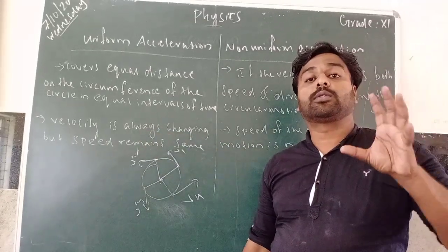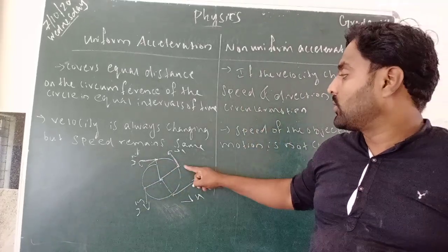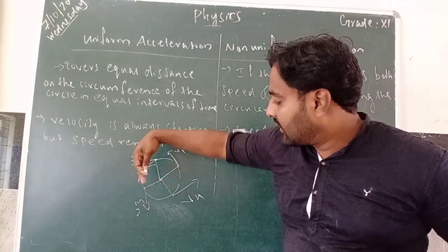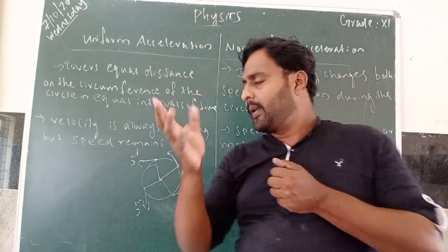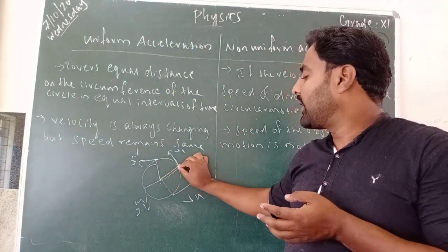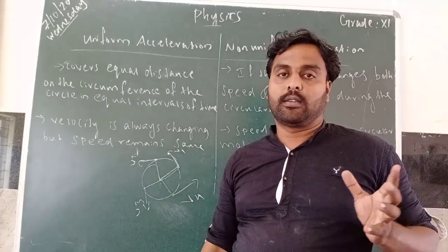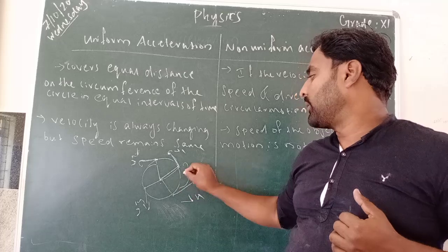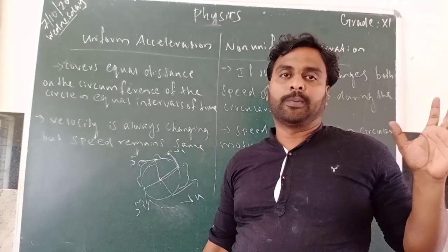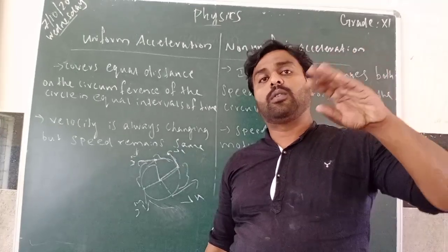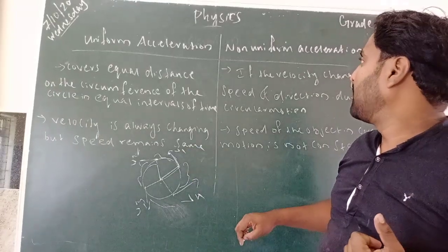The arrow marks show this direction, here this direction, here this direction. So whenever an object is rotating, at each position the velocity is changing but the speed remains constant. Speed remains constant means the magnitude remains the same, while velocity is showing different directions.